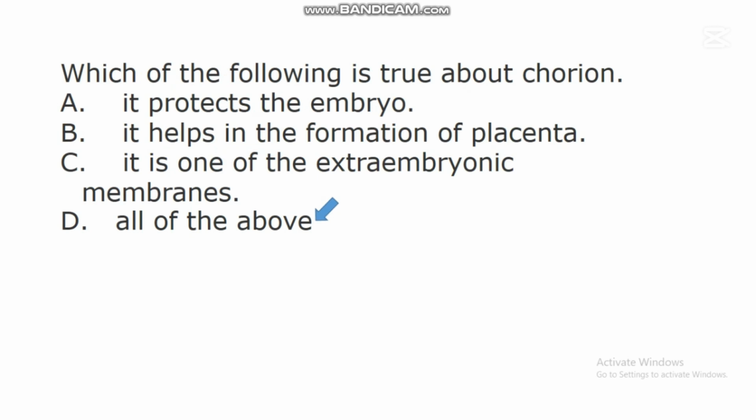Studies have shown that the chorion protects the embryo, it helps in the formation of placenta, and it is one of the extraembryonic membranes. Extraembryonic membranes are those membranes that are found outside the embryo. This chorion is one of the examples of extraembryonic membranes.